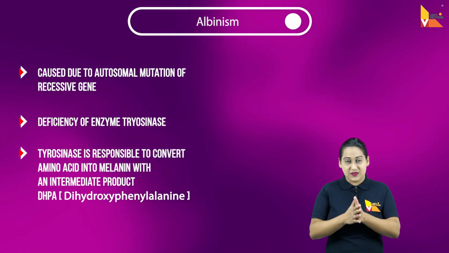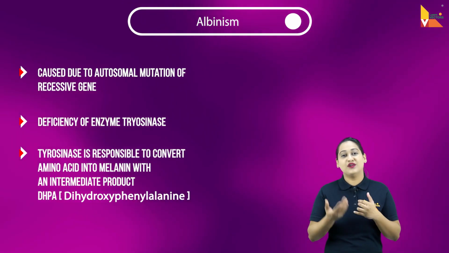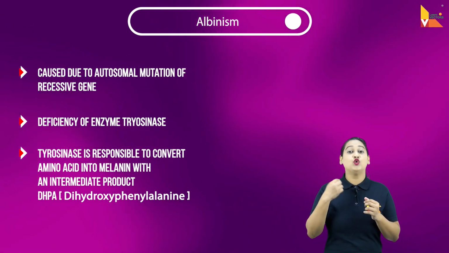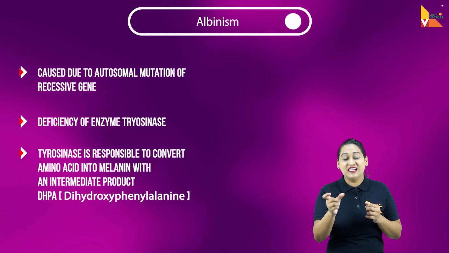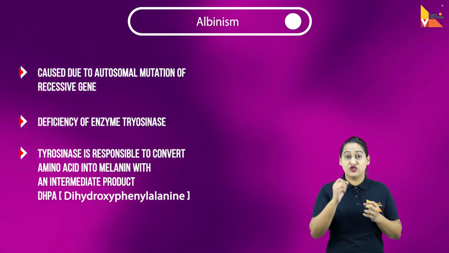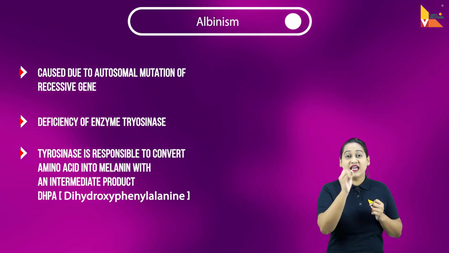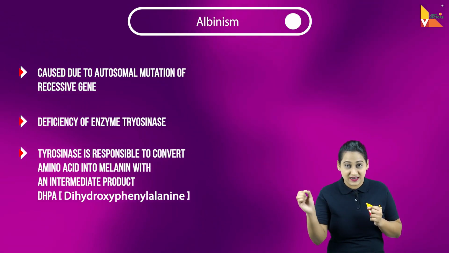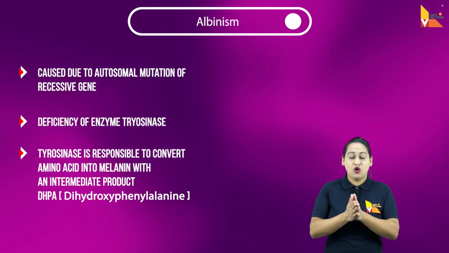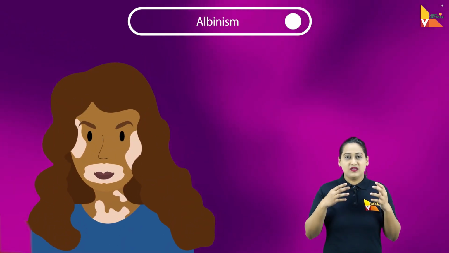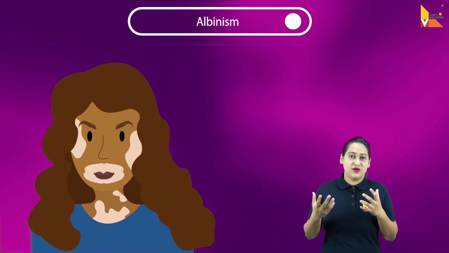This enzyme is responsible to convert the amino acid tyrosine into melanin with an intermediate product which is DOPA, dihydroxyphenylalanine. Okay?